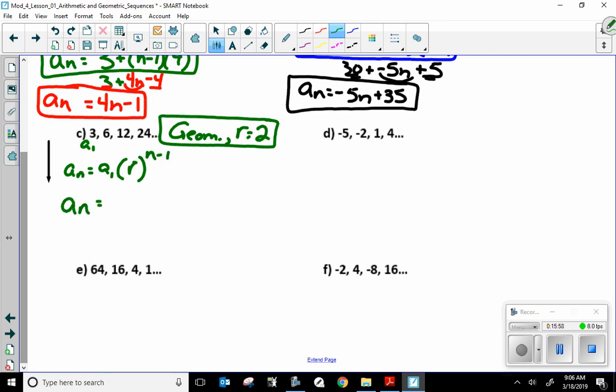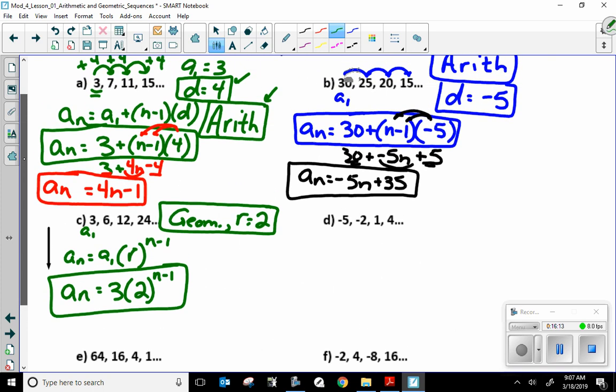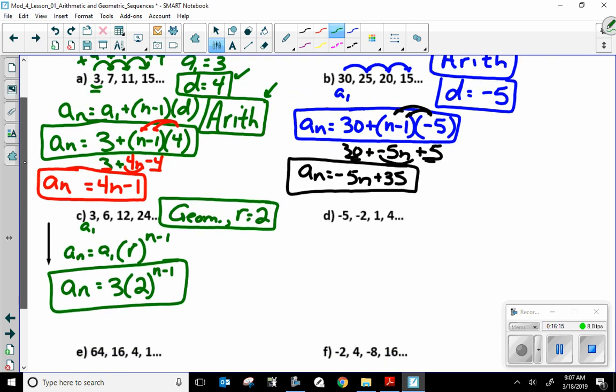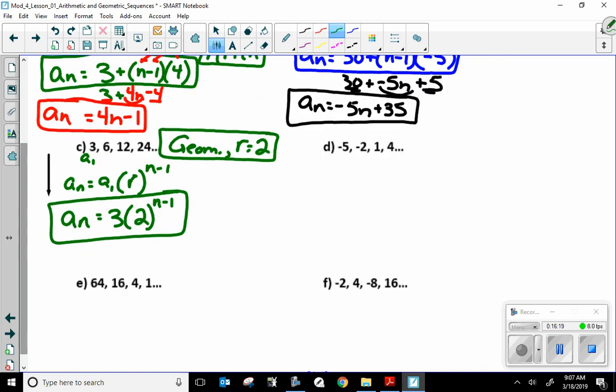And these we don't simplify. That is 3 times 2 to the n minus 1. Those are easier because there's no simplification, okay? The arithmetic sequence to get an equation is not difficult. Geometric is less writing, okay?